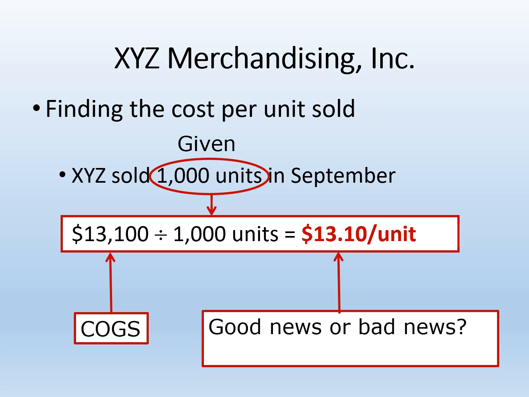Now, managers have to think about whether this is good news or bad news. And the answer is, it depends. It depends on how much the firm was expecting to pay per unit. It depends on whether there have been any changes in the kinds of units sold.